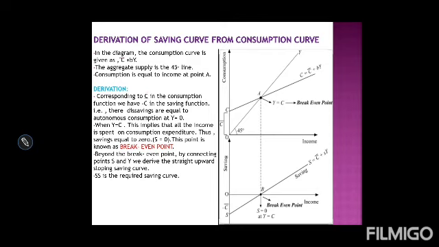So this is how the saving curve can be derived with the help of the consumption curve. Before this B point, saving is negative, there is dis-saving, and after this B point, after the break-even point, saving becomes positive. And this is how we can derive the saving function, the saving curve, from the consumption curve.